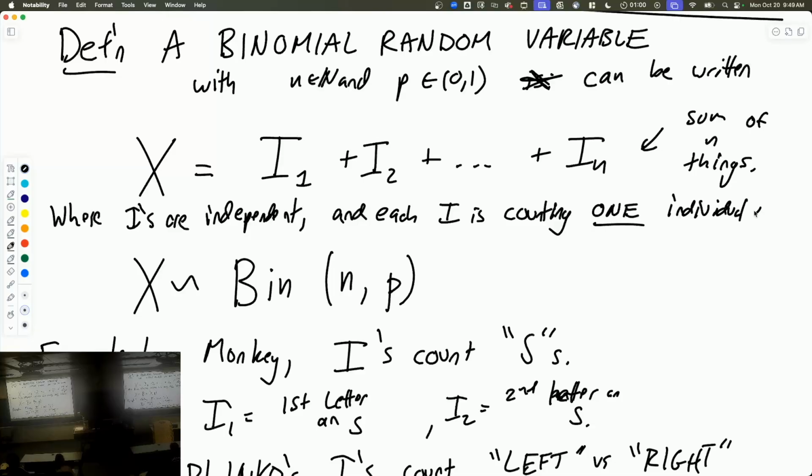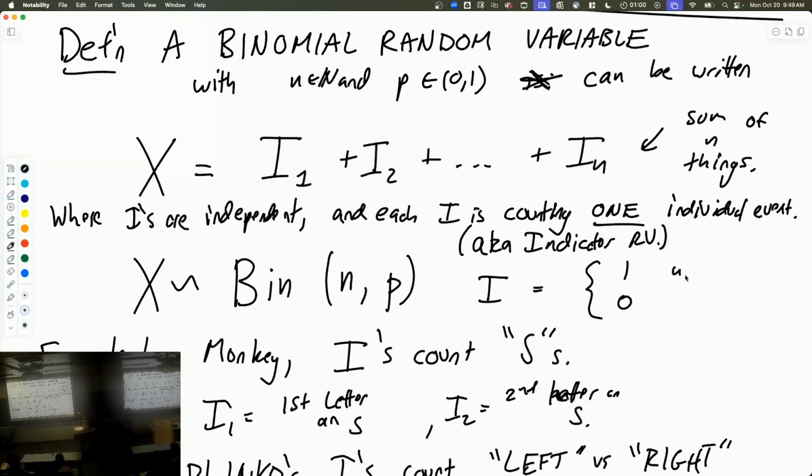These are called indicator random variables, AKA. So I actually stands for indicator random variable. So each I is either 0 or 1. And it's 1 with probability P, and it's 0 with probability that we called Q, which was 1 minus P.